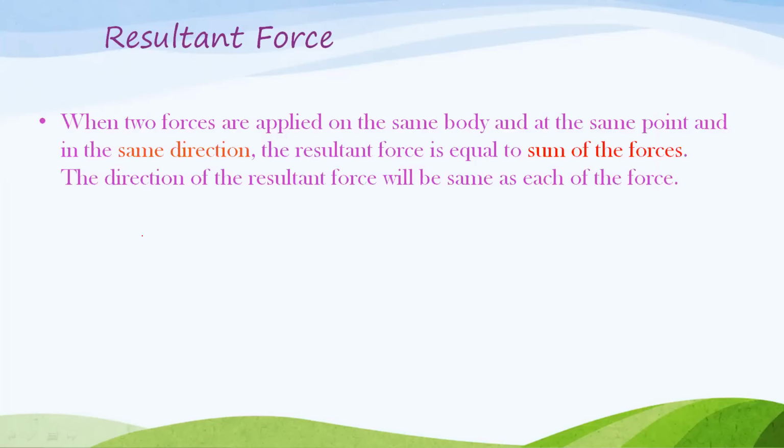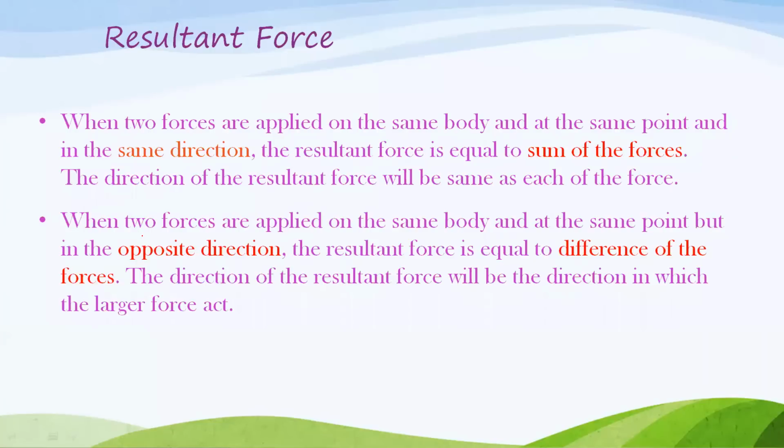The resultant force will be the sum of the two forces if the forces are acting along the same direction, and in that case, the direction of the resultant will be the same as that of each of the forces. Second, if two forces are acting in the opposite direction, then the resultant force will be the difference of the two forces and the direction of the resultant will be along the direction in which the larger force acts.